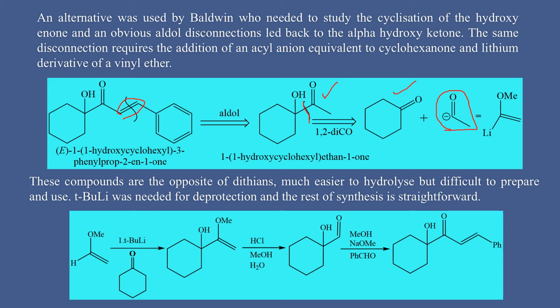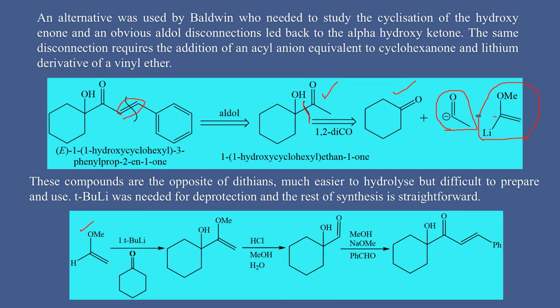This acyl anion can be obtained by using the lithium derivative of a vinyl ether. Here it is a vinyl ether, and when the lithium derivative is used, this carbon becomes negatively charged.